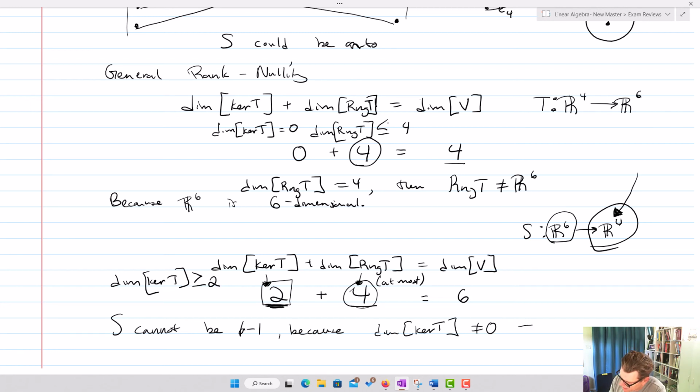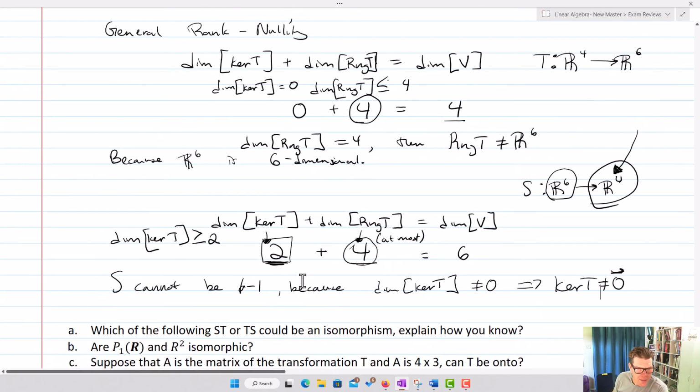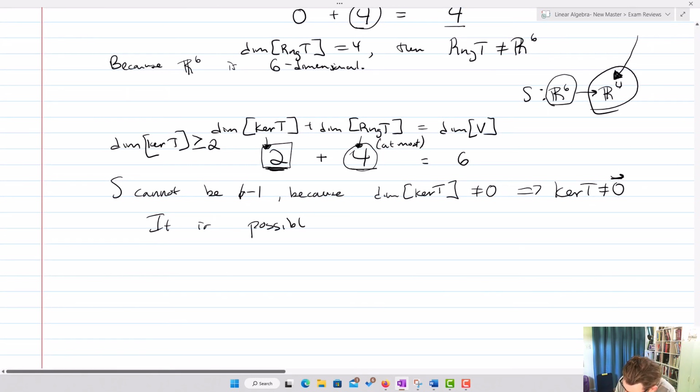And that means, by the way, that the kernel of T cannot equal 0, because there's only one subspace that has 0 dimension, and that's the 0 vector. So the kernel of T cannot equal 0. Right, so there that is. But you can see, actually, that it is possible for the function to be onto.